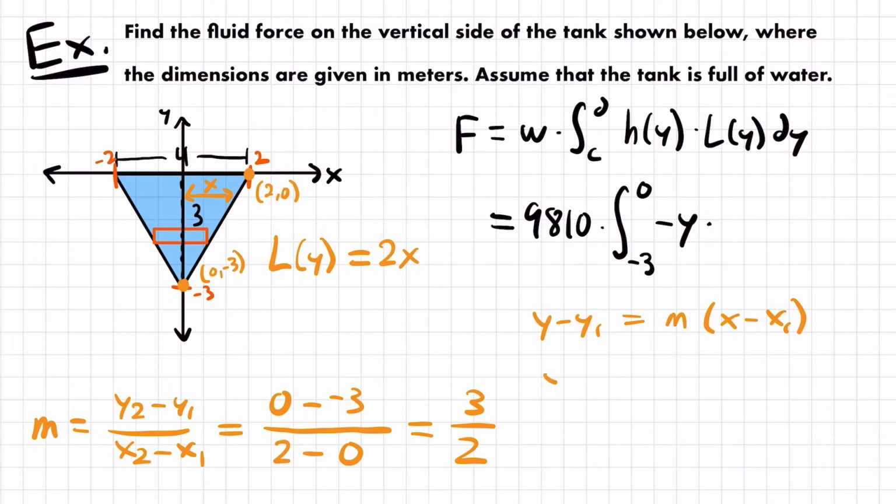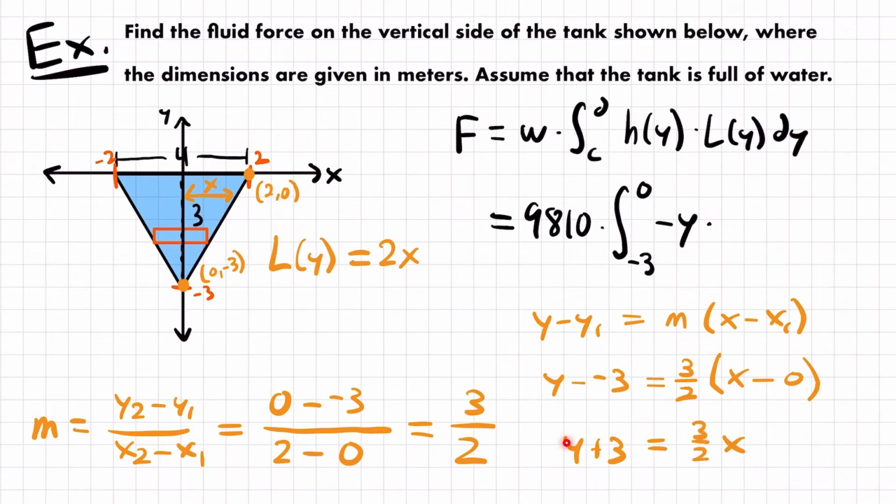Then we'll have y minus -3 is equal to the slope, which we found is 3/2, times x minus x1, which is 0 for that point, right? We're using this point, (0, -3). And so if we simplify, y minus -3 will be y plus 3, and that will be equal to 3/2 times x.